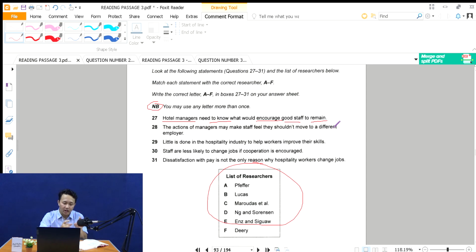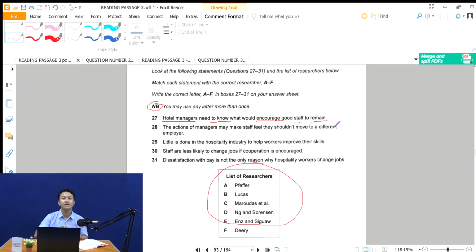Now try to read that part in the text, and then cross-check it again with the information in question number 27. Okay, is it information about what the hotel managers should know to make their good staff stay in their company or not?